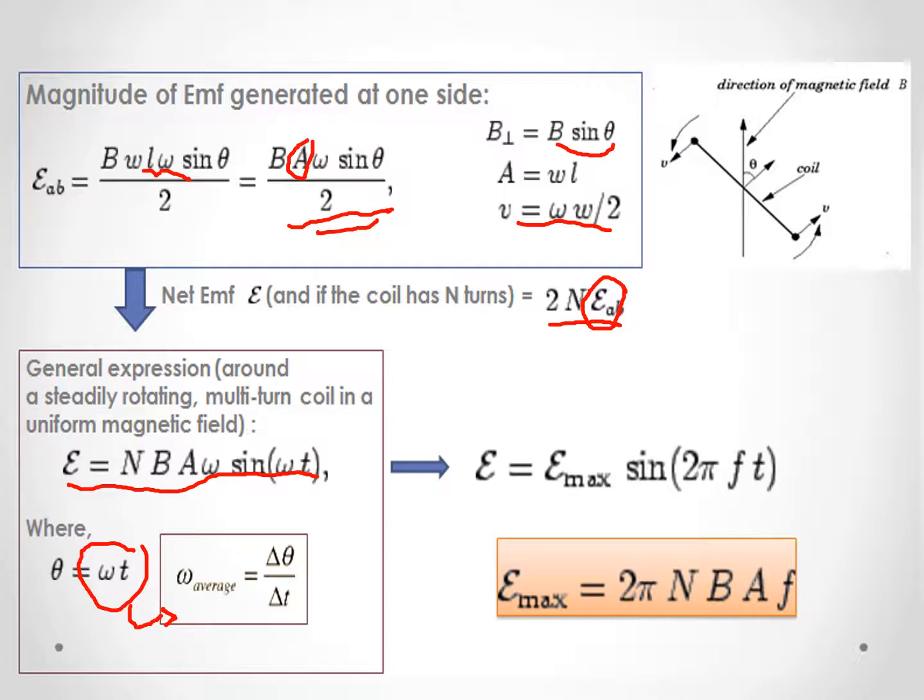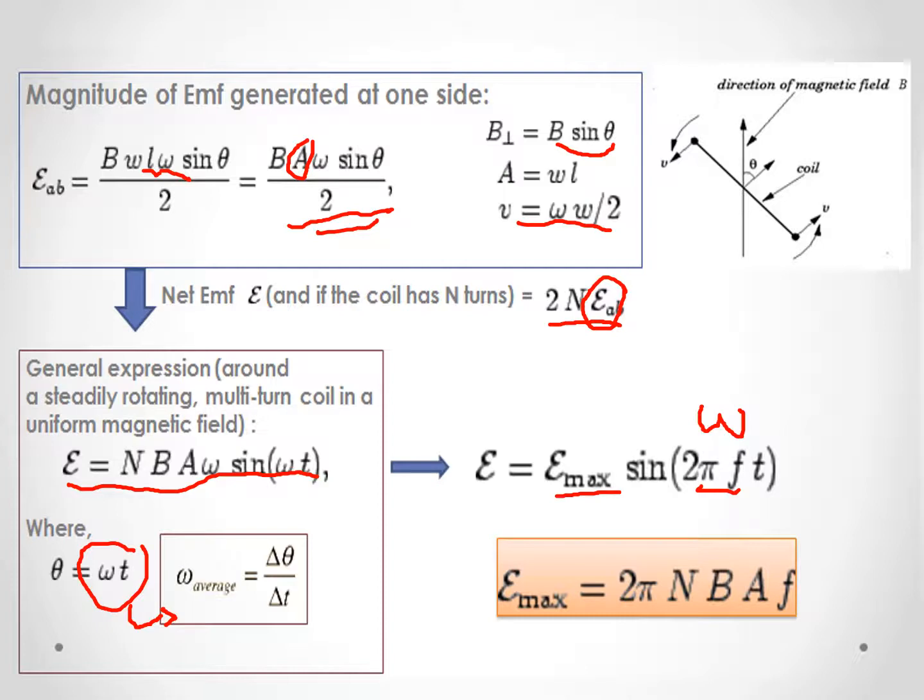We can also change the equation to EMF equals the maximum EMF times sine of 2 pi times frequency times time. This 2 pi frequency times time is also the angular velocity times time.